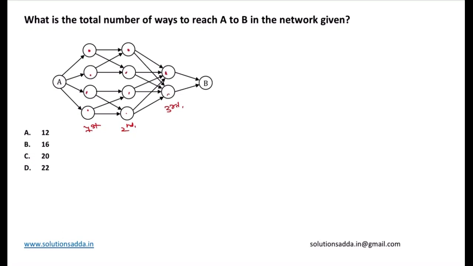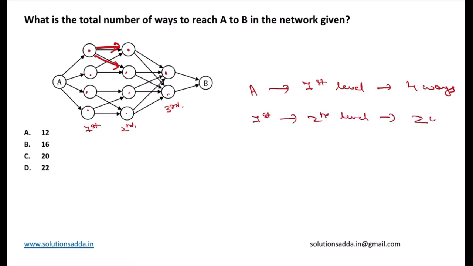Now reaching from A to the first level, we have 4 ways. For each of the nodes reaching from first to second level, we have two ways. Again, reaching from second to third level, we again have two ways for each of the nodes.